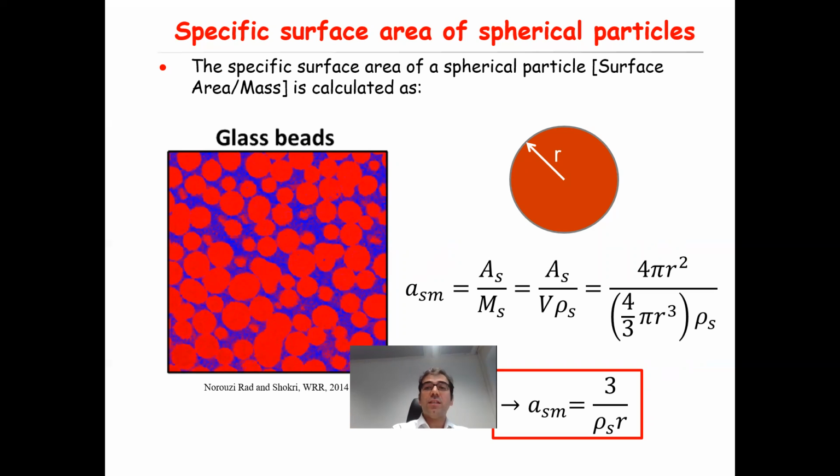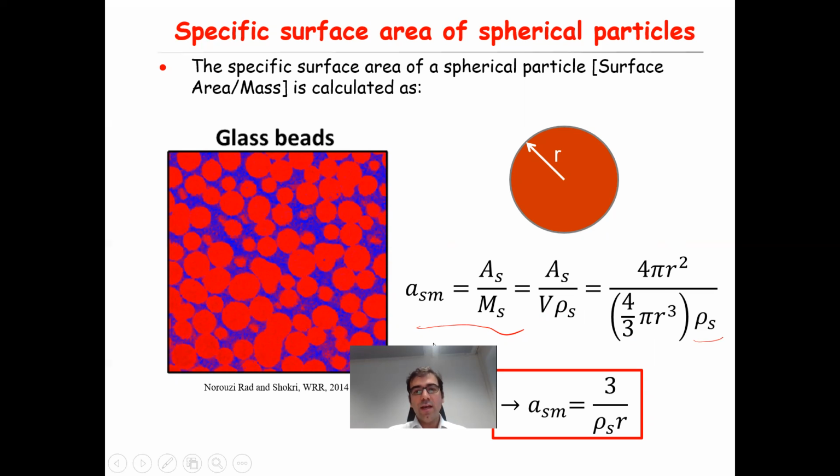So let's calculate the specific surface area of a spherical particle. Here we are calculating the mass-based specific surface area, that is ASM equal to AS divided by MS. You already have this equation. AS divided by, instead of MS, I write rho S, that is density, times the volume. The area of the sphere, as you know, is equal to 4 pi r squared, divided by rho S times the volume of the sphere, which is 4/3 times pi r to the power of 3.